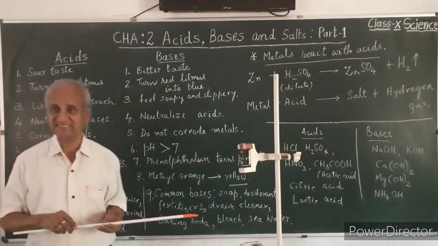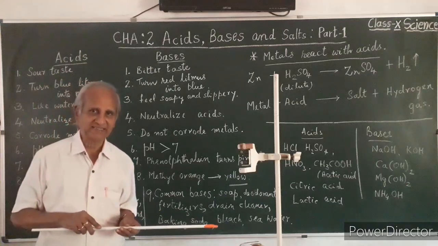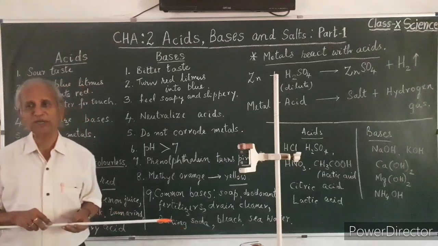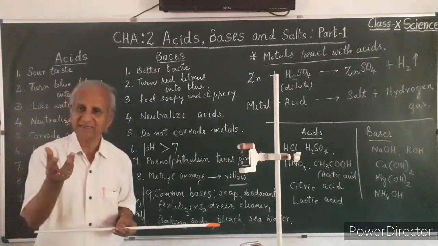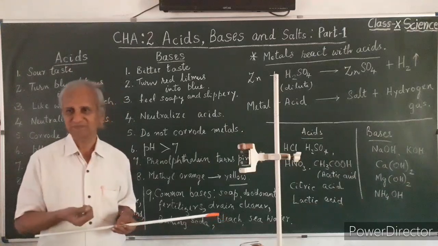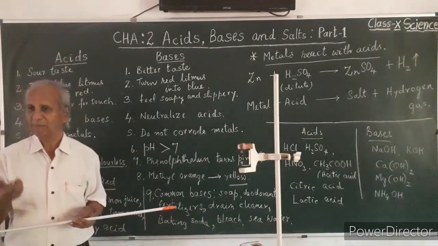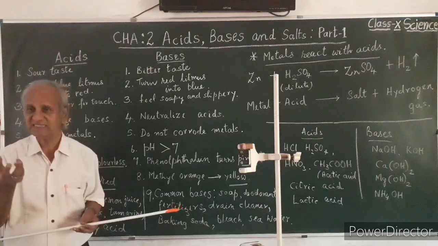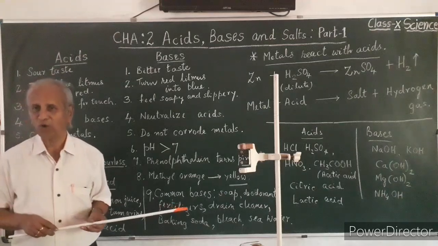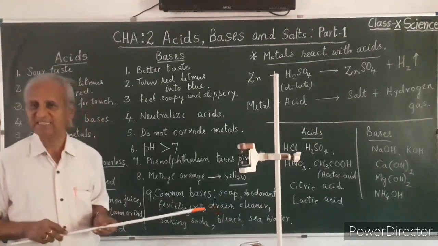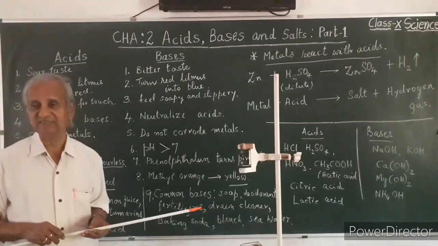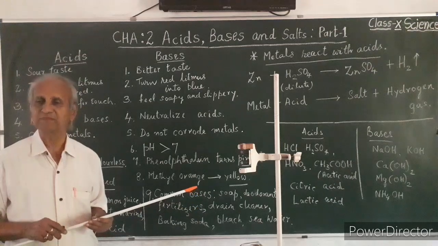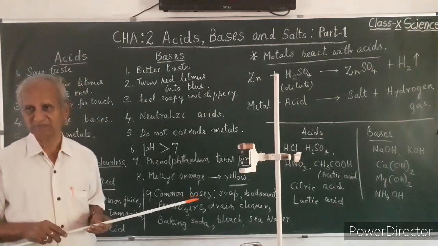It is lactic acid. Lactic acid is a natural product. Tamarind fruit. Many of these fruits which are sour in taste, they all come under acids. They are not very powerful, strong acids. They are weak acids. They are all natural.